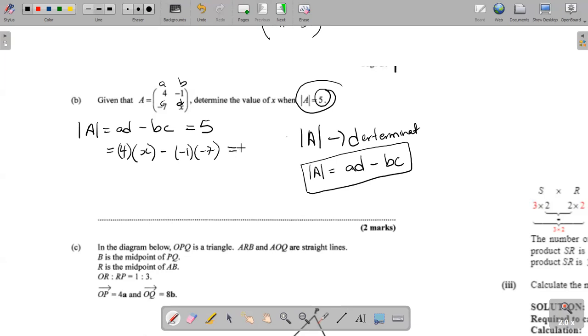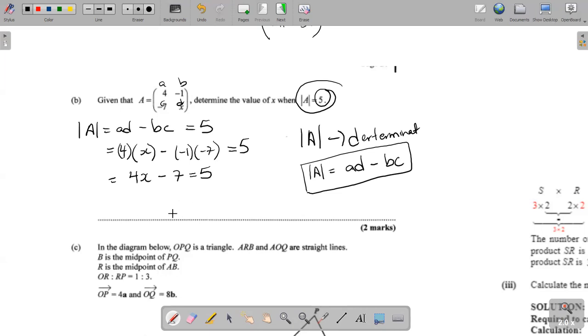And all of that should equal 5. So let's go: 4 times X is 4X, minus -1 times -7 is +7, equal to 5.